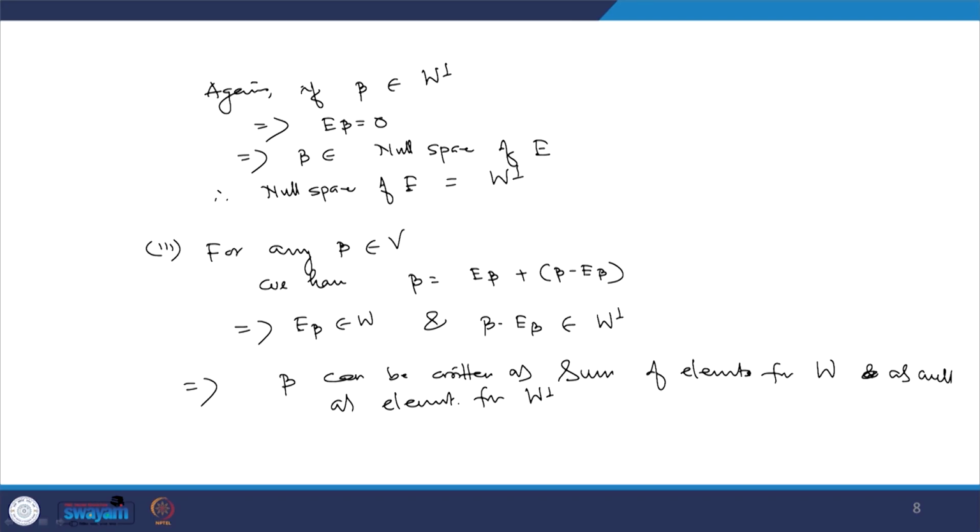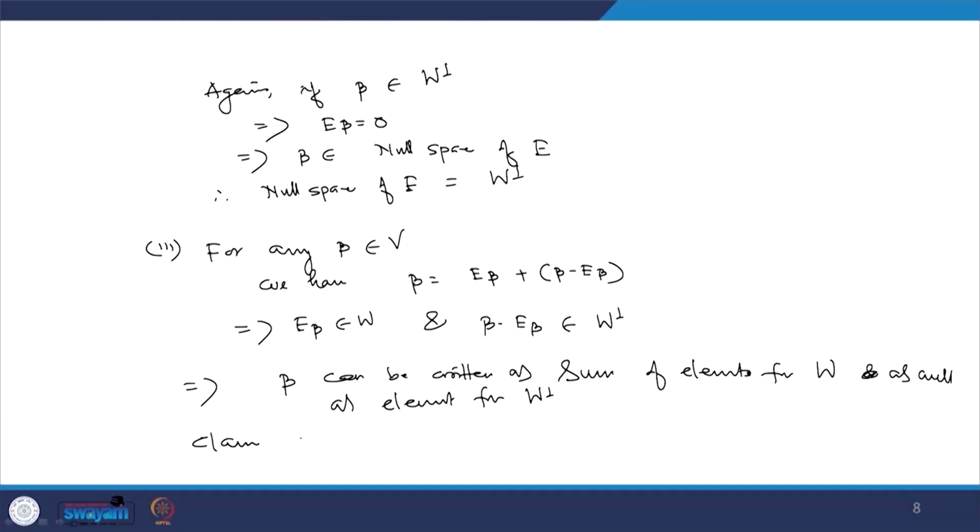So, it has two components, one component from W, another component from W complement. It will be a direct sum provided I can somehow show that W and W complement are mutually disjoint. So, now I want to show W intersection W complement equal to 0 subspace.